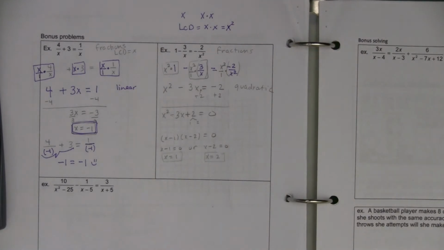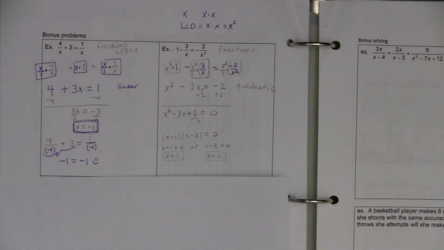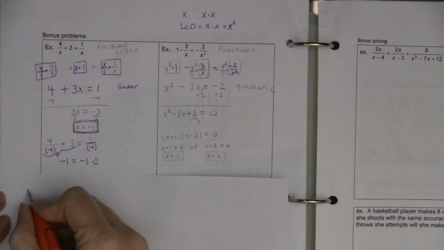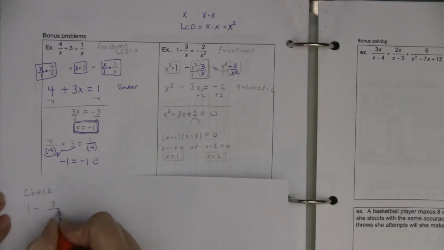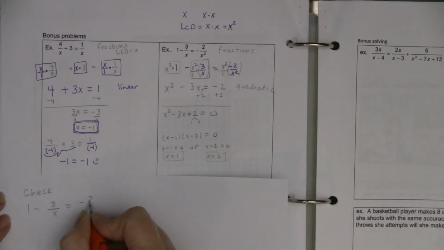I have no room to check here, because I didn't give us enough room on this problem, so I'm grabbing some paper and I'm going to check on my scratch paper because I'm out of room. When you check in the original equation, 1 minus 3 over x equals negative 2 over x squared.